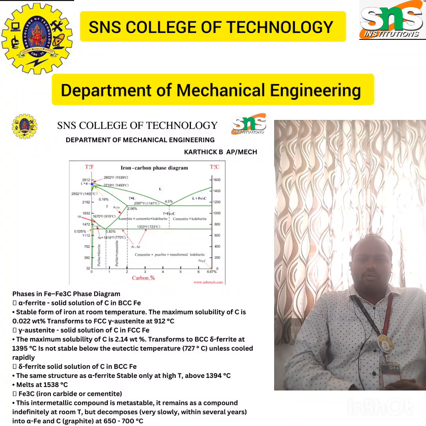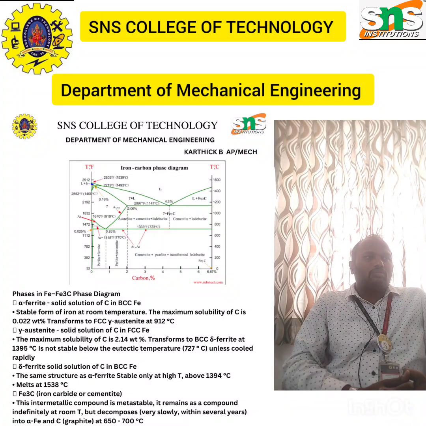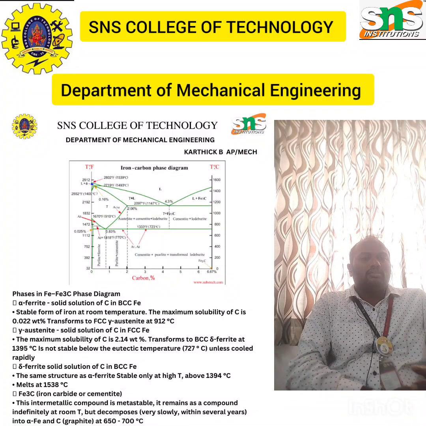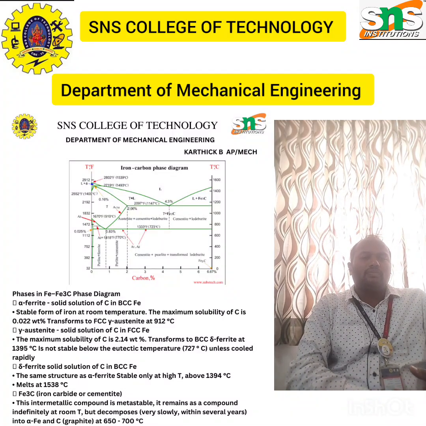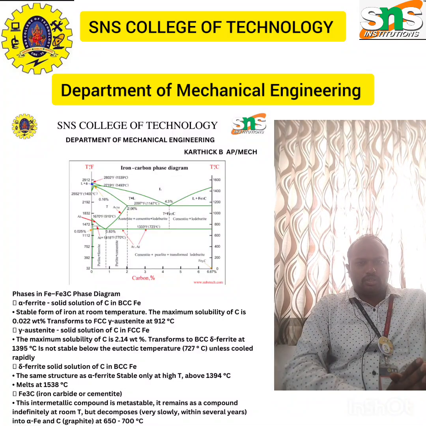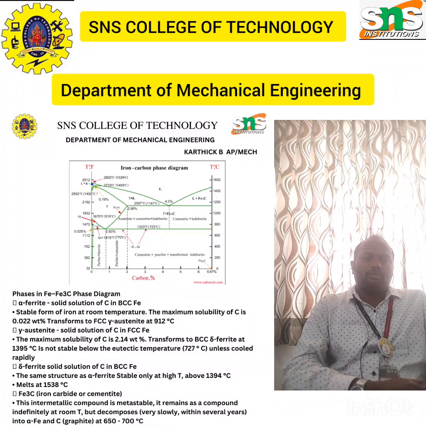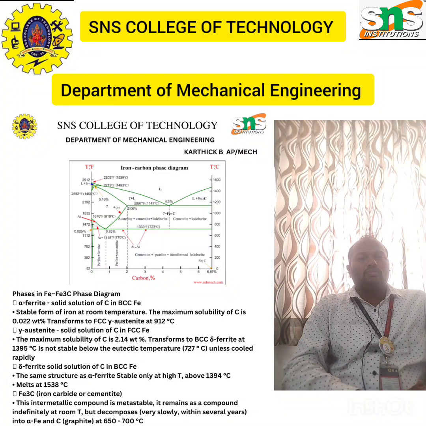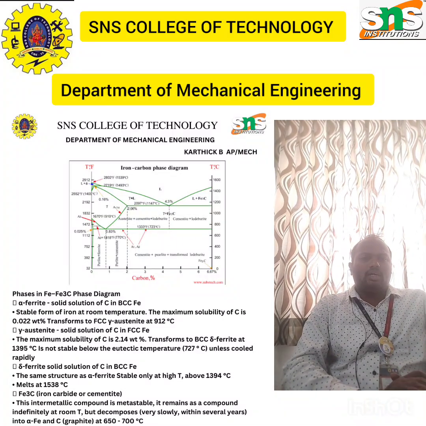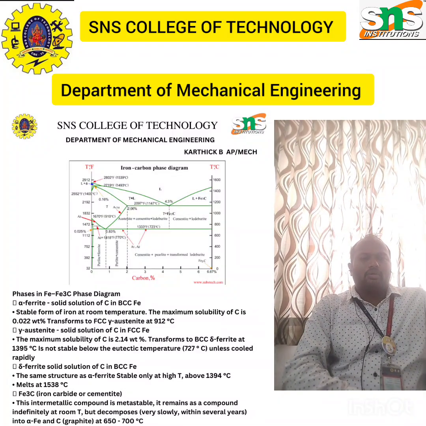It is not available at room temperature, but we can still see austenite at room temperature because we use austenite stabilizers, which help keep the austenite stable at room temperature. It is easily work hardened, and it is non-magnetic.